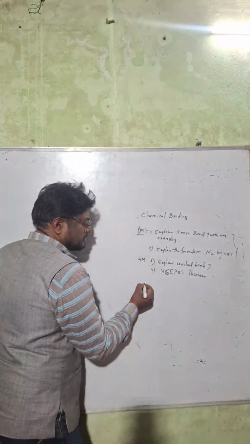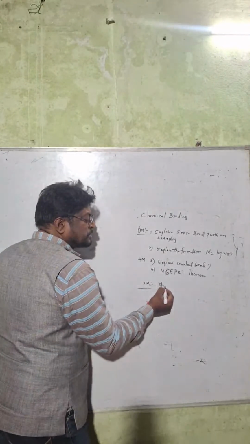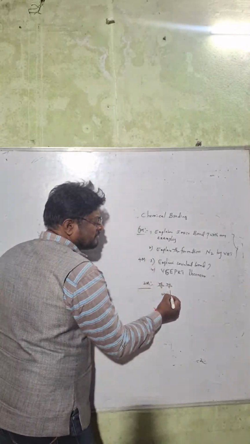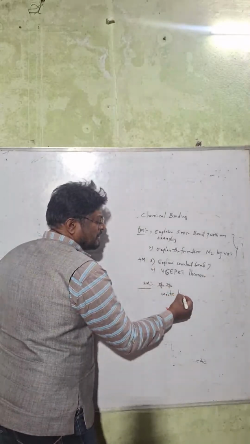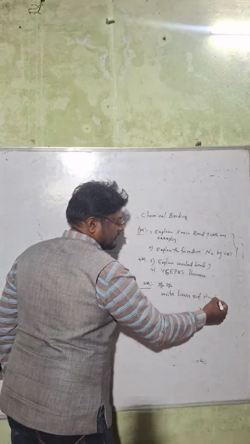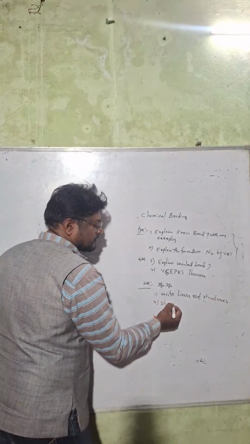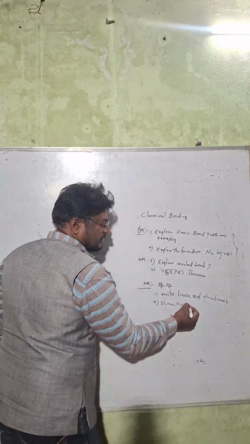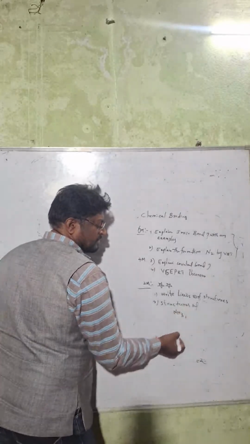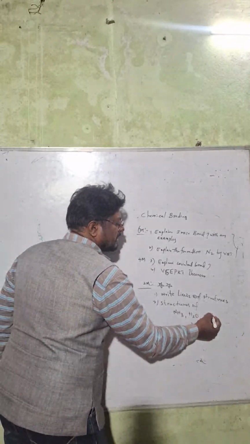Next, 2-mark questions, these are the gunshot ones. Write the Lewis dot structure. And second, the structures of ammonia NH3, water molecule H2O, and beryllium chloride BeCl2.